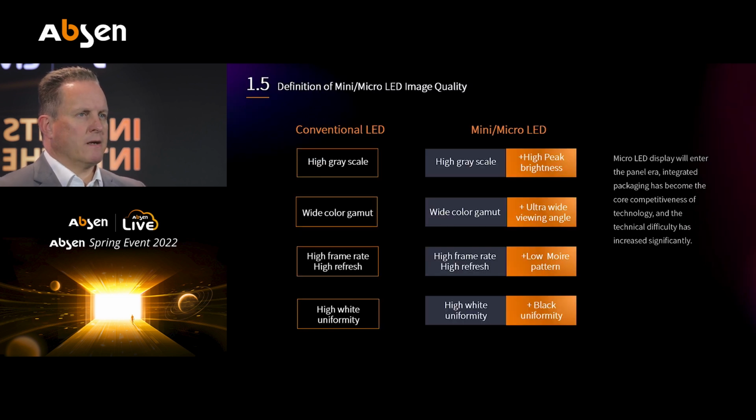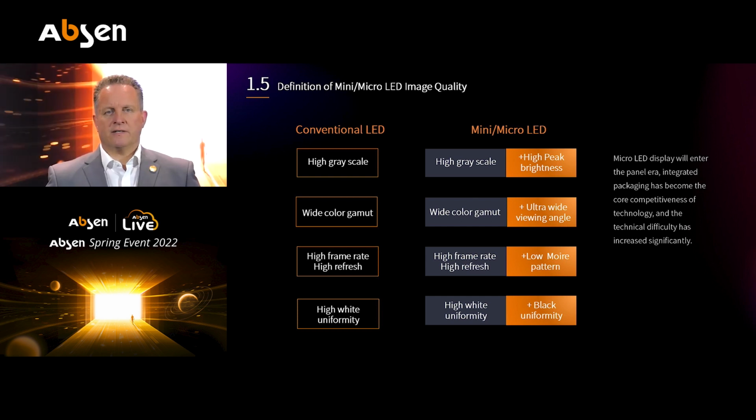To move on with the mini LED and micro LED, which I mentioned before, to guide us to a bright future and make more business, we always add a new feature or improve the display quality.